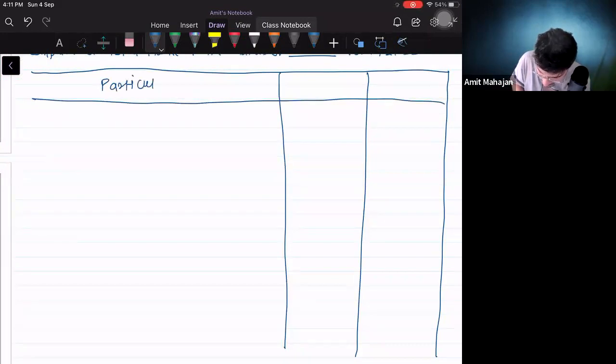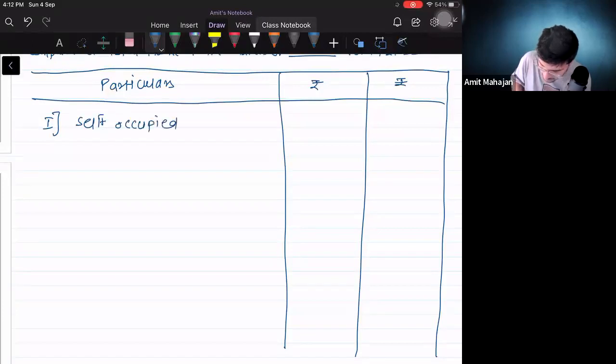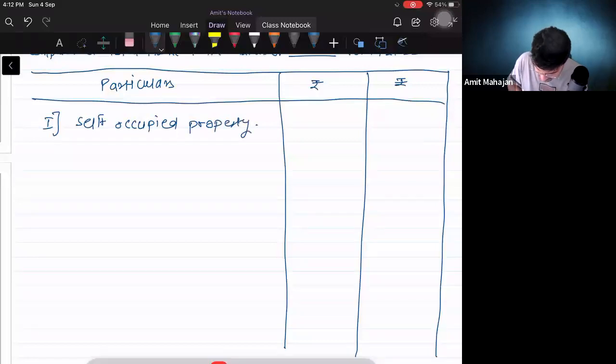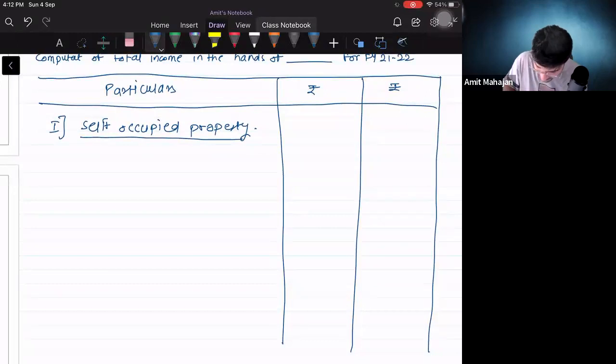Particulars, rupees. First you'll write like this, self-occupied. Sorry, not rupees here, here it will be the assessee's name. Now NAV.